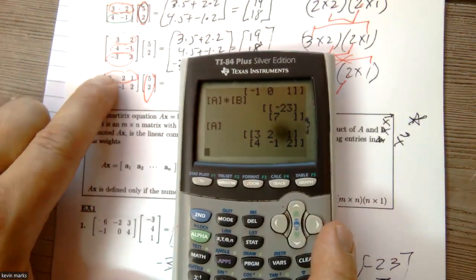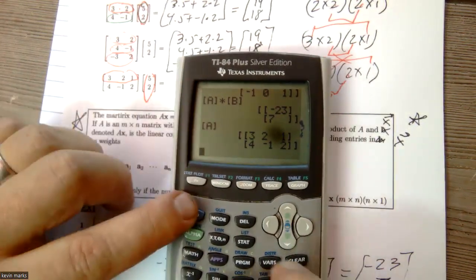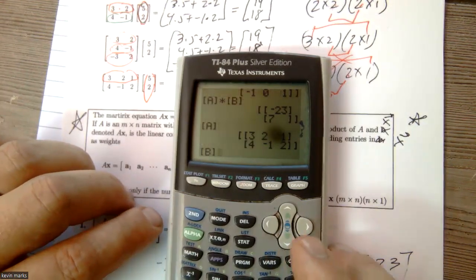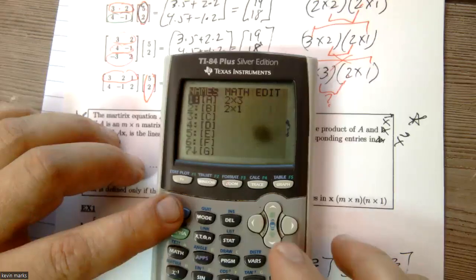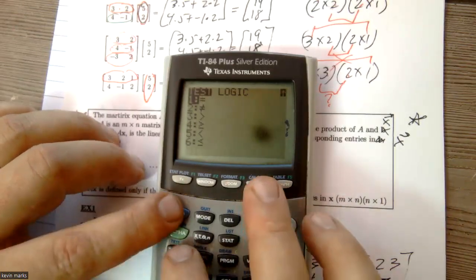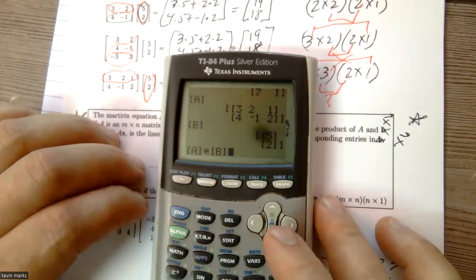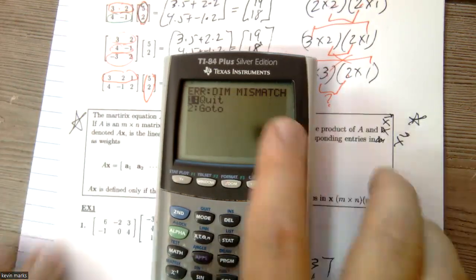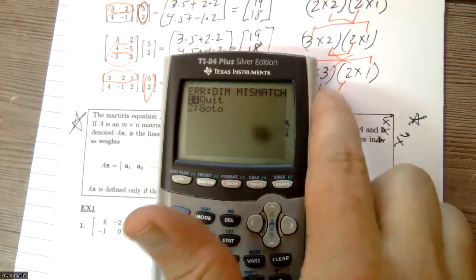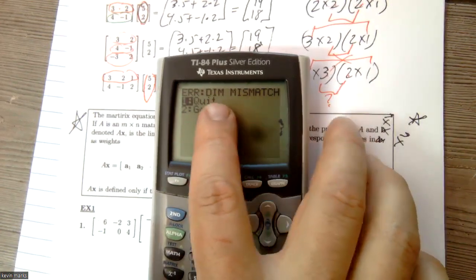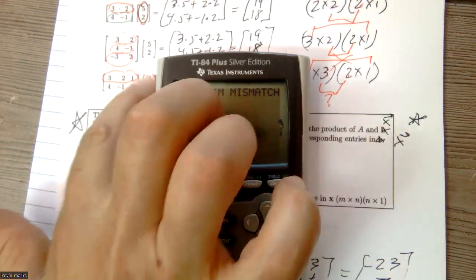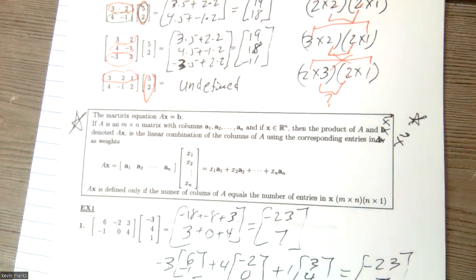There's a 3, 4, 2, negative 1, 1, 2. All right, we got that right. And B is indeed 5, 2. Now if you did A times B, it'll say dimension mismatch. That's because these don't agree. You can see that's because the dimensions don't line up: the rows here and the columns here do not match up.